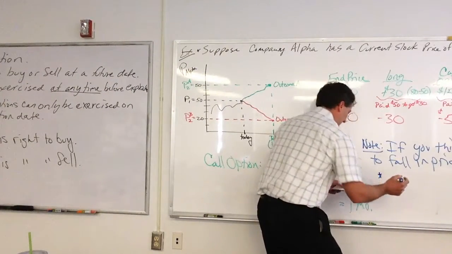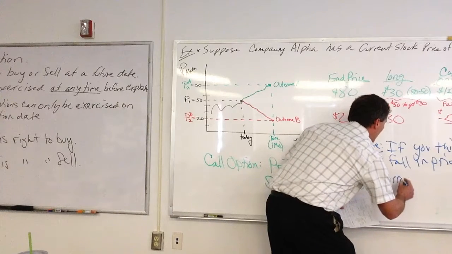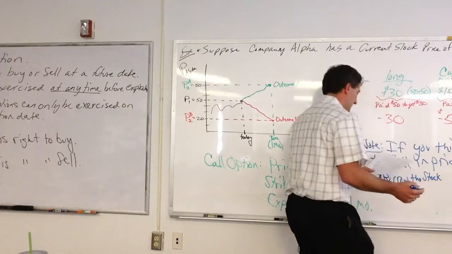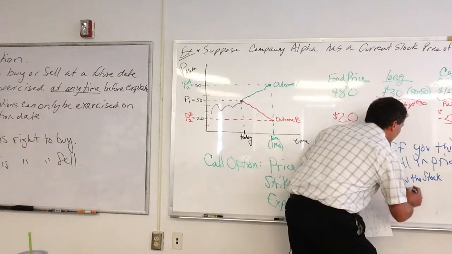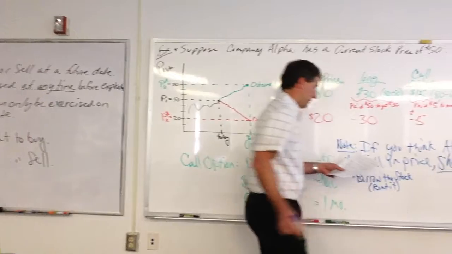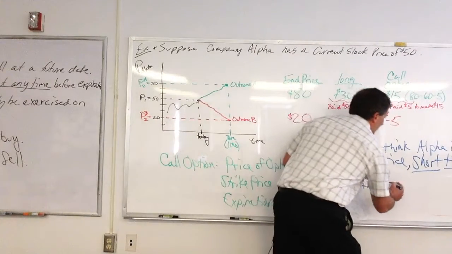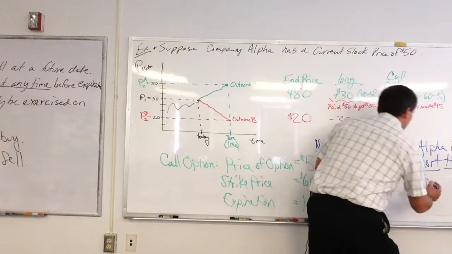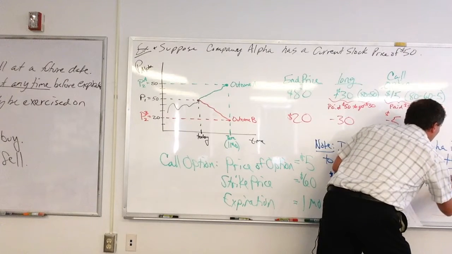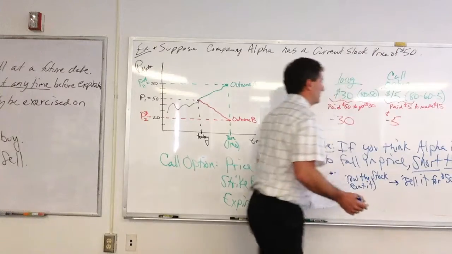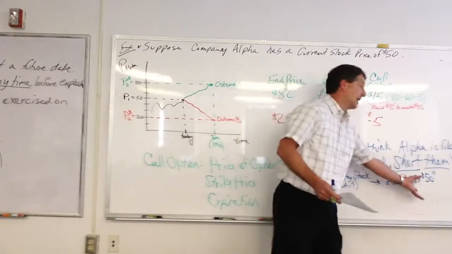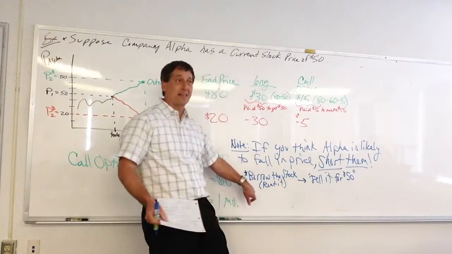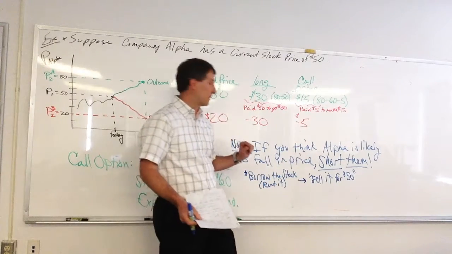And the short works like this, like we were just saying: we're going to borrow the stock from somebody else. Essentially think of it like renting it. And we're going to actually sell it. Sell it for 50. I'm putting that in quotes. We really are selling it, but we're really obligating ourselves contractually to pay back the stock to the person we're borrowing it from.